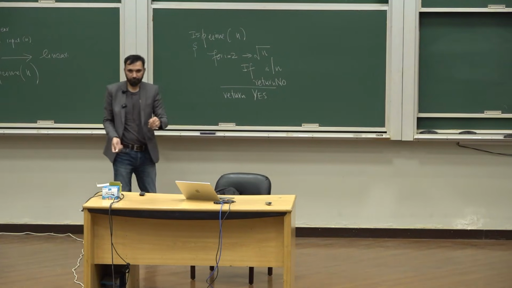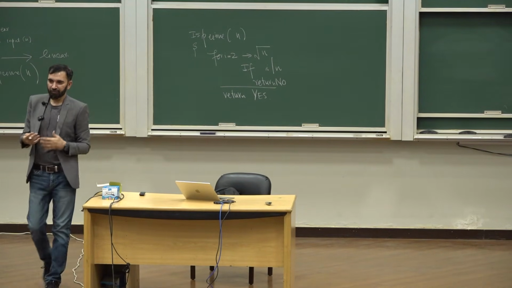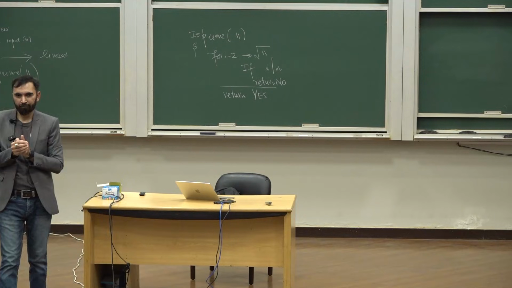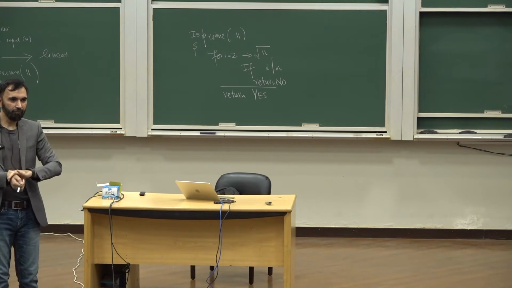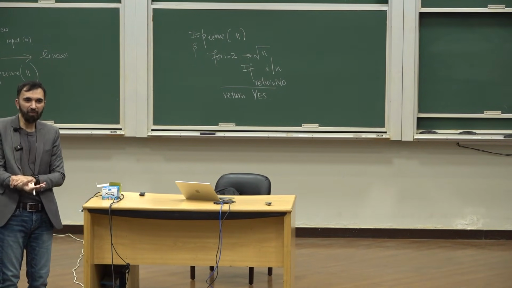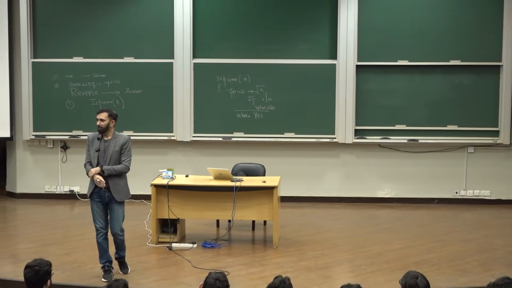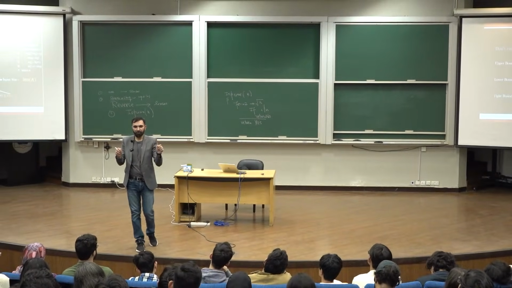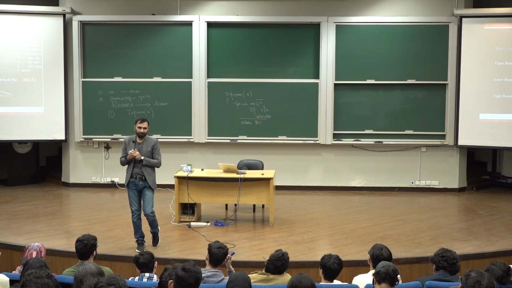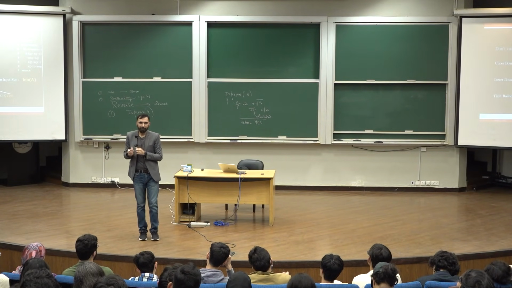All right? Do we all agree that this is the correct algorithm? If n is divisible by something, then n is definitely divisible by something between 2 and square root of n, right? Yes, no?